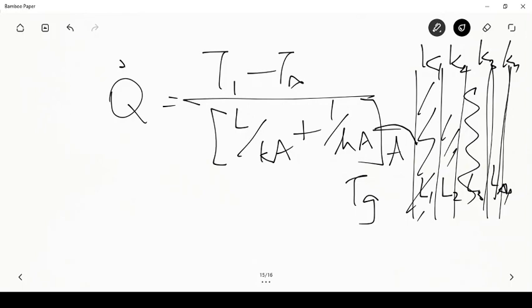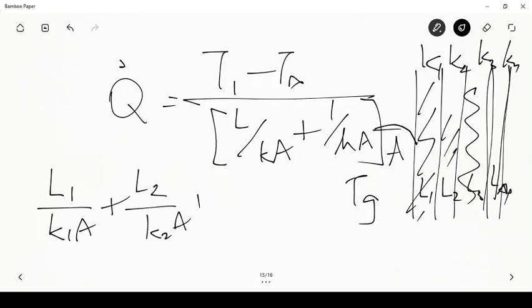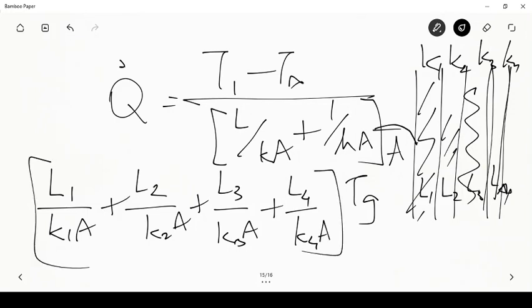Then the total resistance offered by this composite wall can be written as L1 by K1A plus L2 by K2A plus L3 by K3A plus L4 by K4A, and this whole thing, when it is used to divide, so 1 over this, or if this surface is at T1 and this surface is at, let us say, T2, then T1 minus T2 divided by this resistance would be actually equal to the Q dot that goes through this.